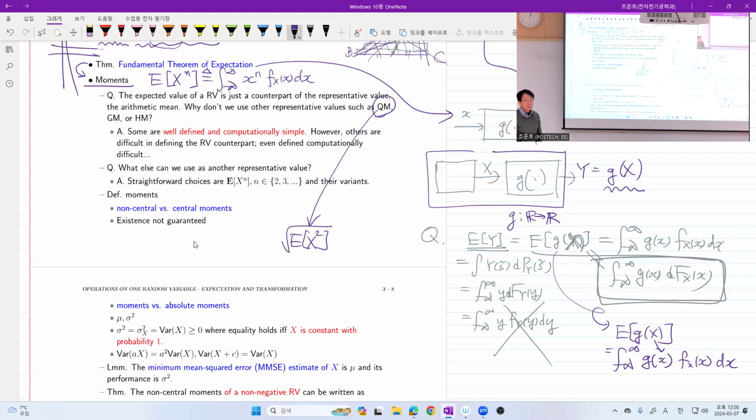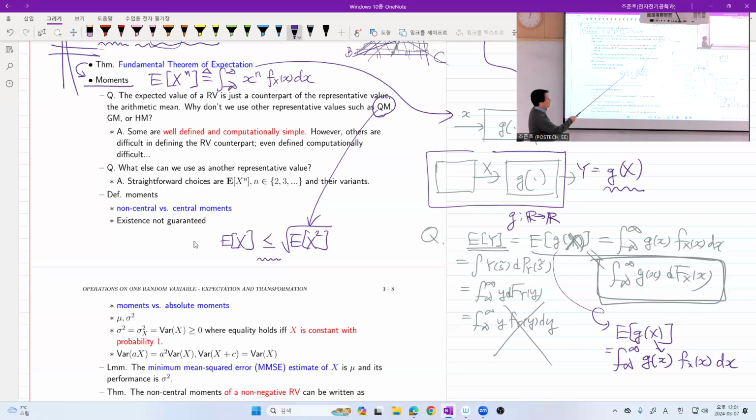Got it? And you can easily show that this is always greater than the expectation of X. By the way, when we compare two numbers, we already assume that their units are the same. As I told you, we cannot compare a 500 milliliter cup with a 1 liter cup, right?